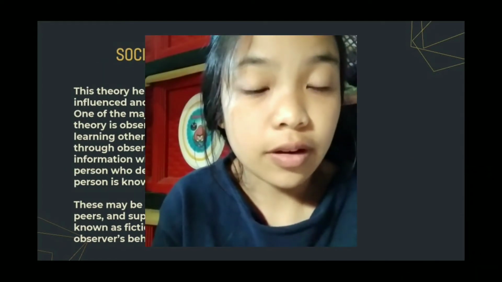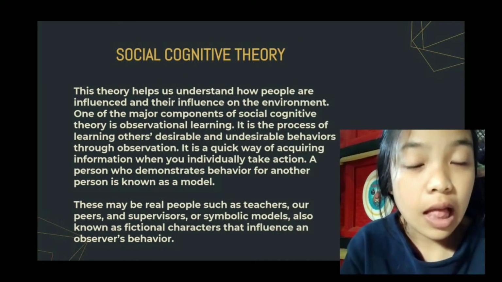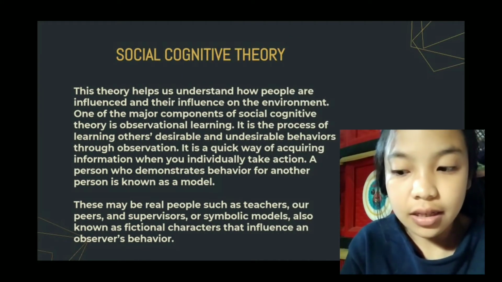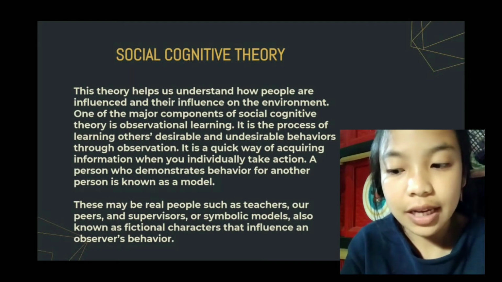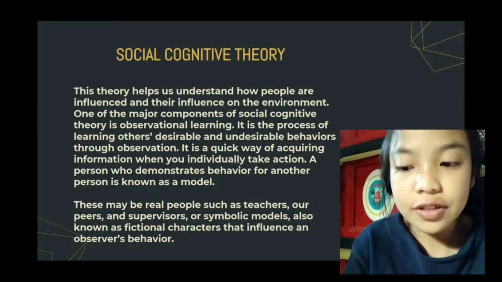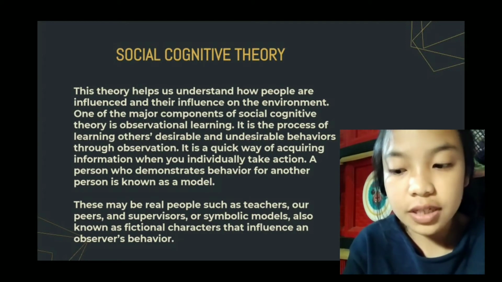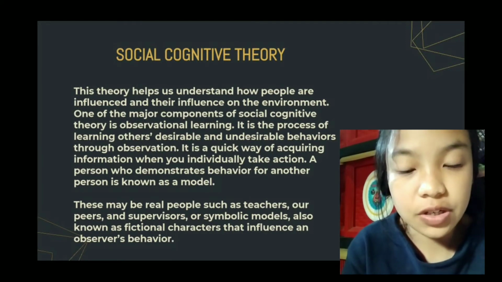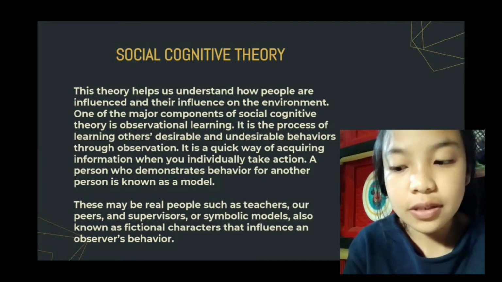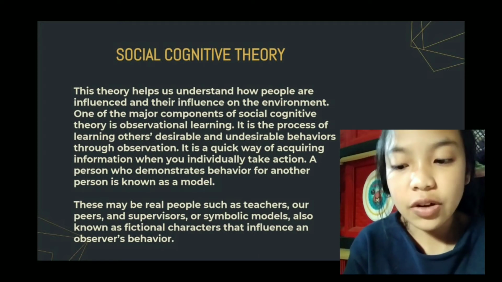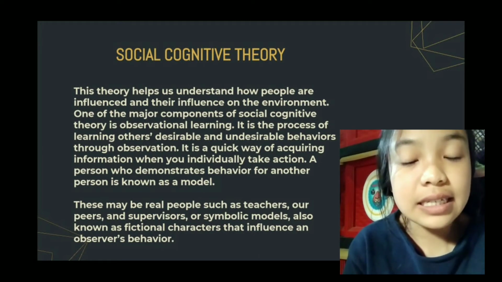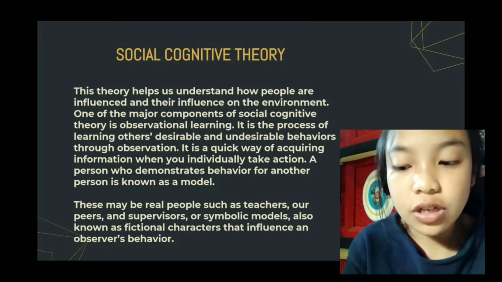Social cognitive theory. This theory helps us understand how people are influenced by, and their influence on, the environment. One of the major components of social cognitive theory is observational learning. It is the process of learning others' desirable and undesirable behaviors through observation.